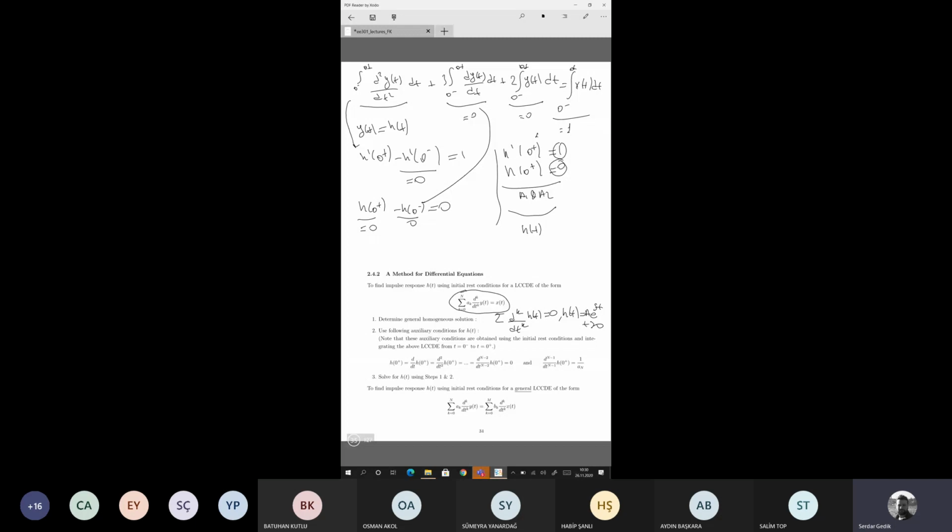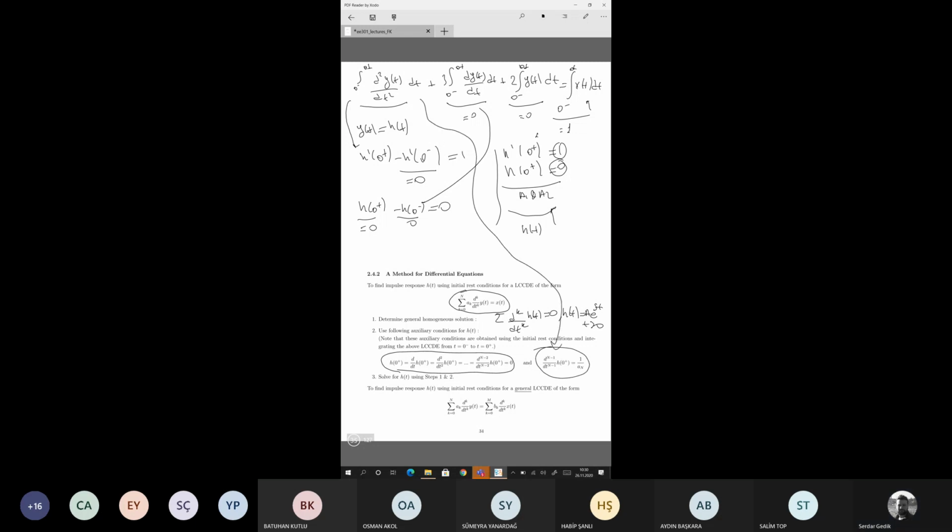Now I have to find the coefficients, just like in the previous example. And in order to find the coefficients, I'm using the initial rest assumption. I can use the upper way, so integrate from 0 minus to 0 plus, or in short, I can assume that all the derivatives of h are 0, except the one with the highest order, just as in this one here.